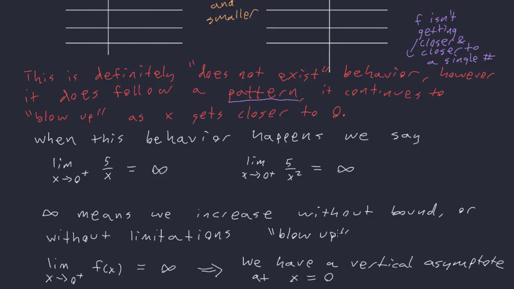Okay, we'll talk a little bit more about this in just a second. I know you all have probably learned about asymptotes in your pre-calc class, but now we will have a better way to talk about them now that we have limits.